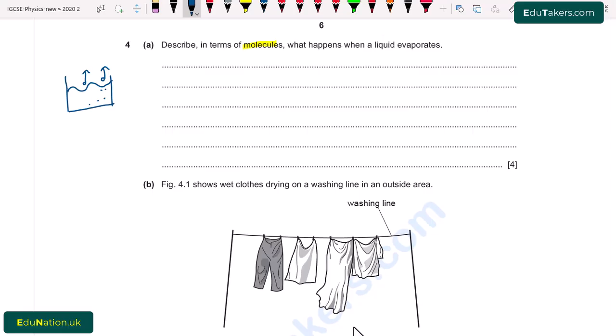As a result, the temperature of the liquid decreases, and as only less energetic molecules are left behind, the average kinetic energy of the remaining molecules would be lower.